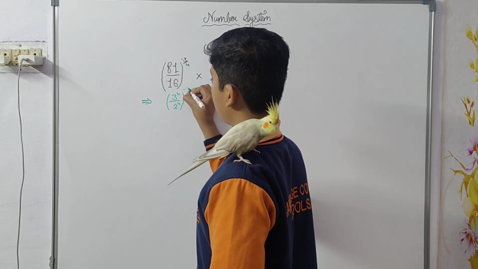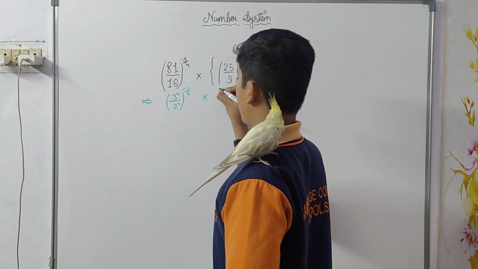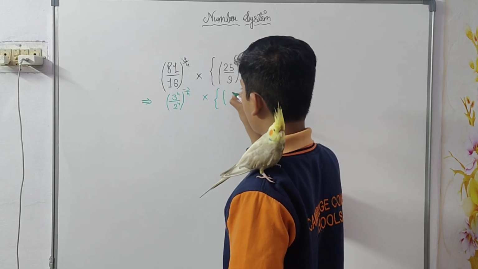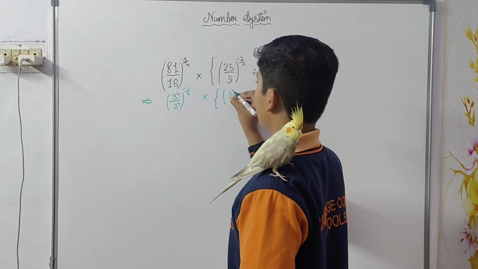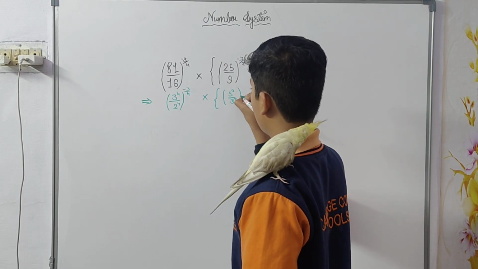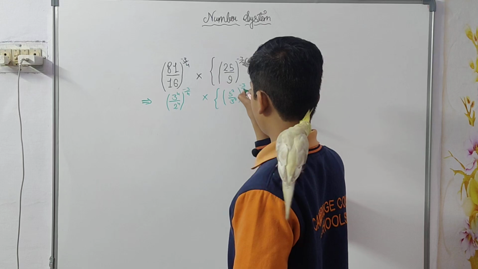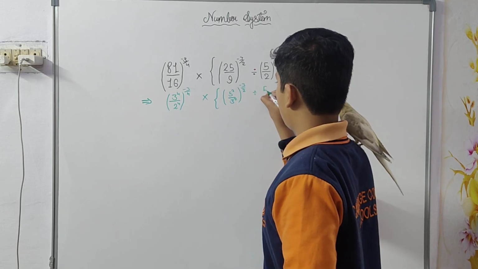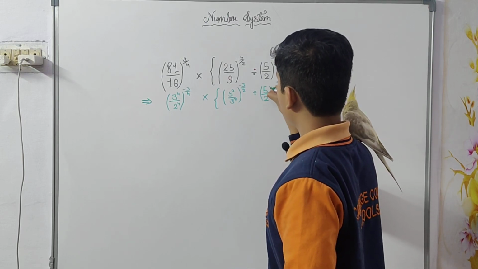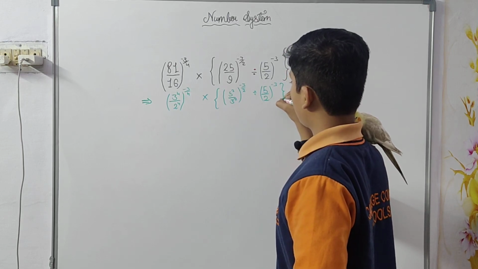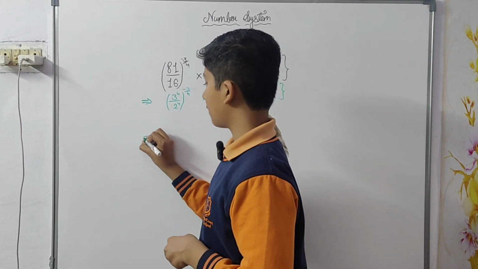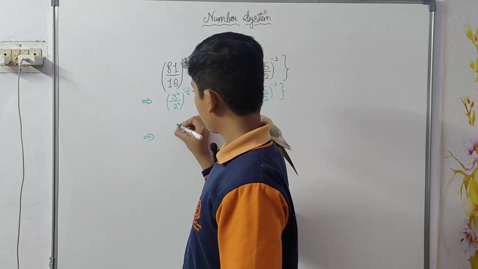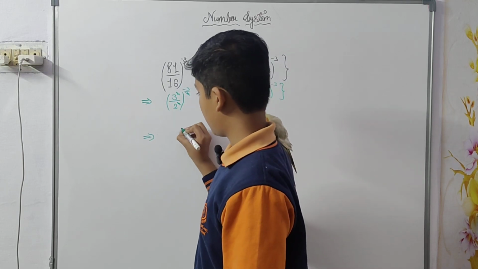And again minus 3 by 4, multiplied by, if you see, 25 can be written as 5 to the power 2 and 9 can be written as 3 to the power 2, to the power minus 3 by 2, divided by 5 by 2 to the power minus 3. The 5 by 2 to the power minus 3 will remain the same. Now, in the next step, what you will do? You will divide this and this.